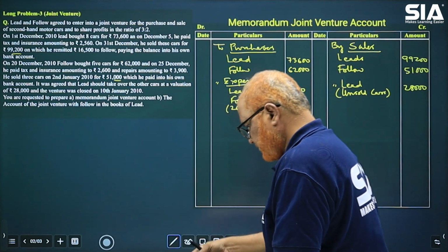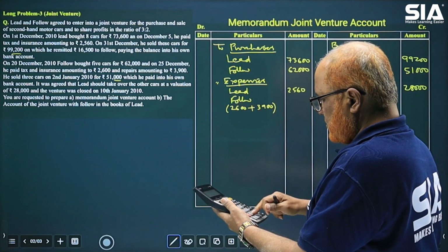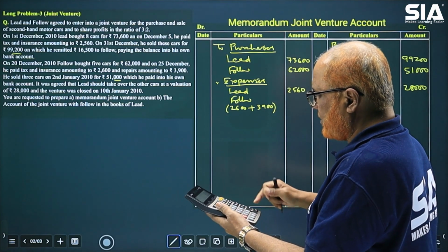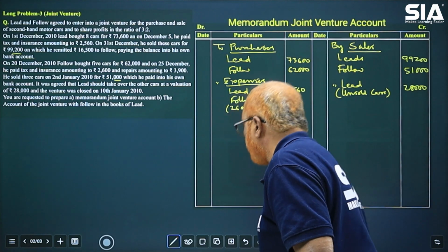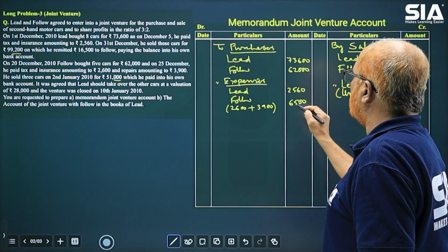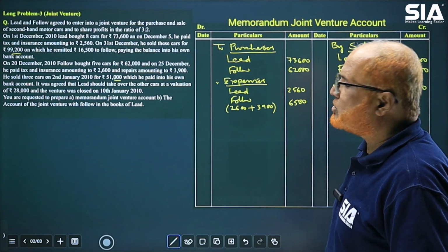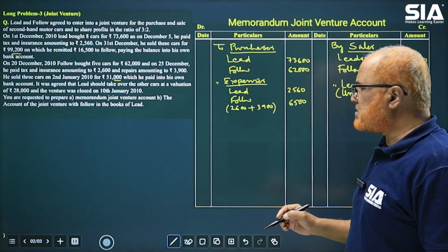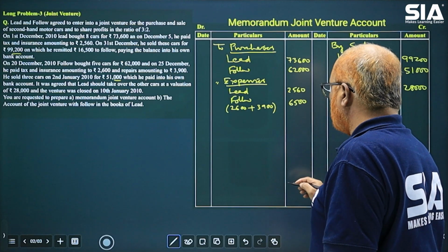Now see here, 2,600 plus 3,900, it comes to 6,500. 6,500 is the expenditure incurred. Finished. We have taken the revenue and expenses. The balancing figure is the profit.